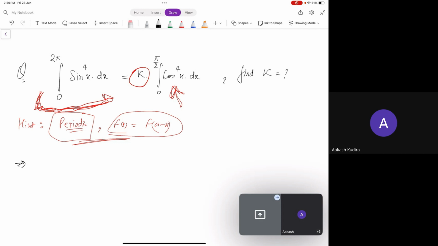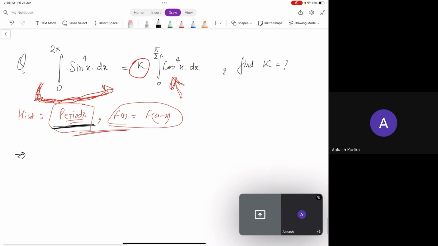See, you can do this question using two, three different kinds of properties. Now, because we are studying this periodic property, that's why we will do this question using periodic property. Now, see here. The time period of this sine power 4x, how much do you know?